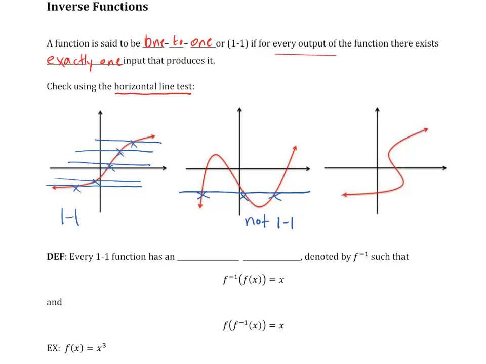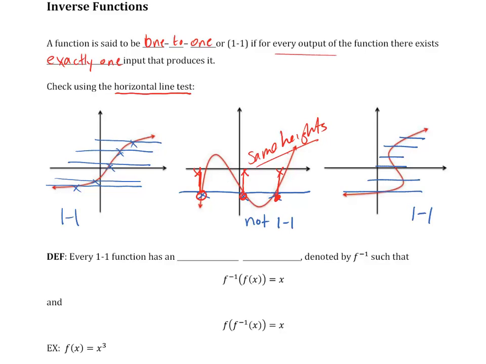This one over here, again, all I'm doing is just sketching a few horizontal lines on here to determine the fact that they all intersect at exactly one place. So I would call that a one-to-one function. The reason it's important is, notice that, for example, the height of this point, the height of this point, and the height of this point are all the same. And if it's the same height, that means you've got multiple x values that give the same function output.